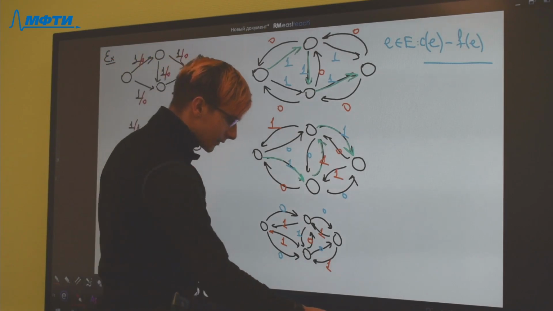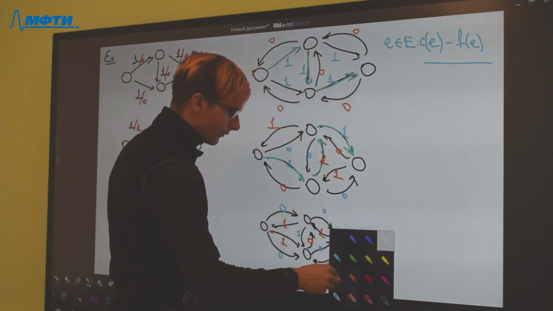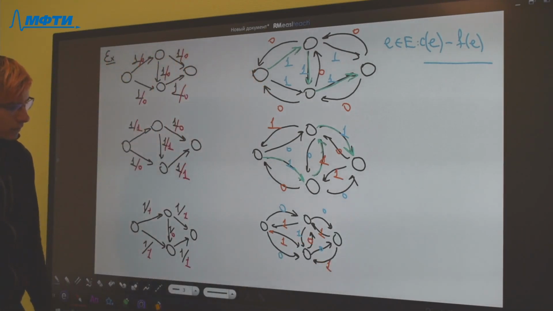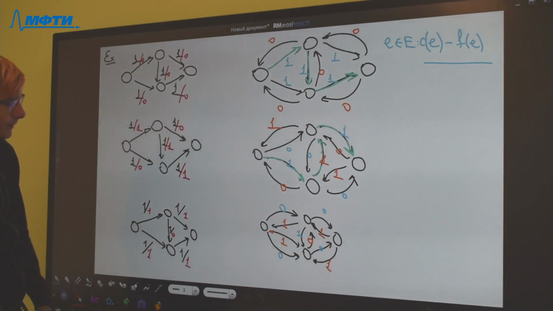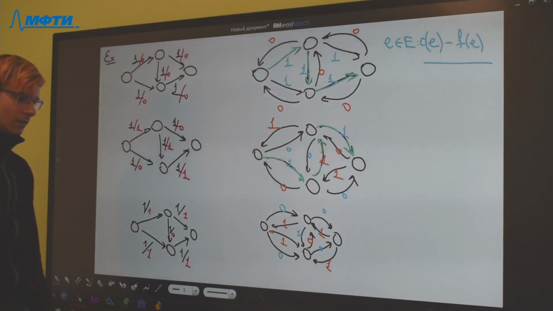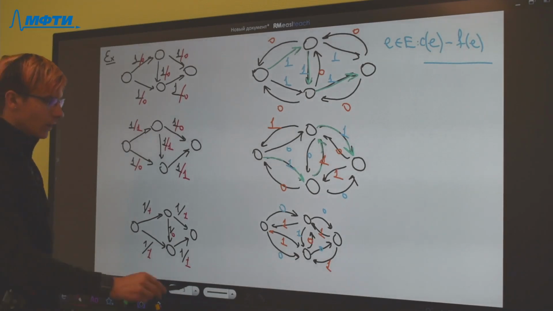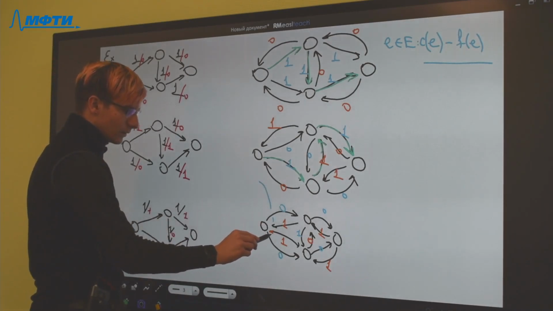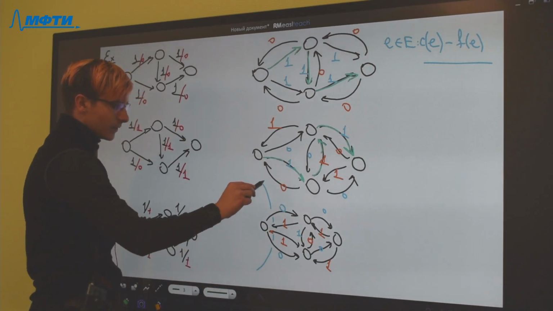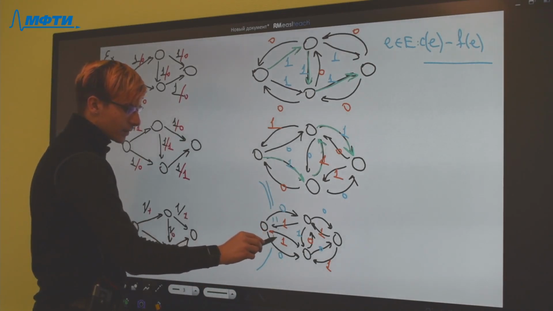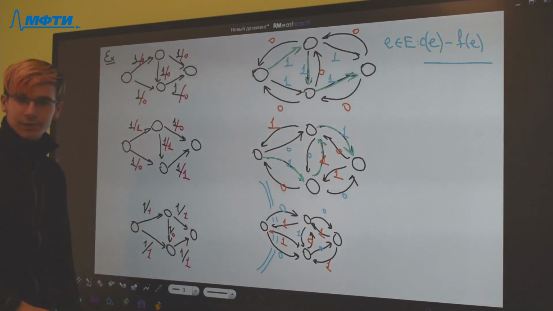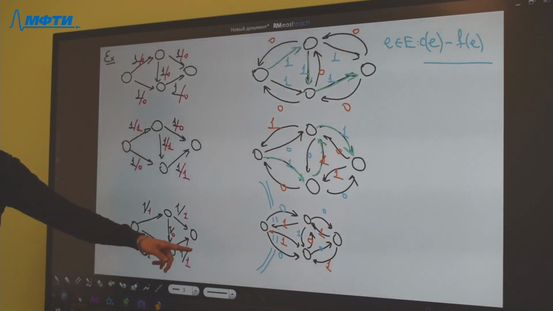So we can try to find which vertices we can reach with paths that contain only edges bigger than zero, and we say that there are no vertices that we can reach from the source.